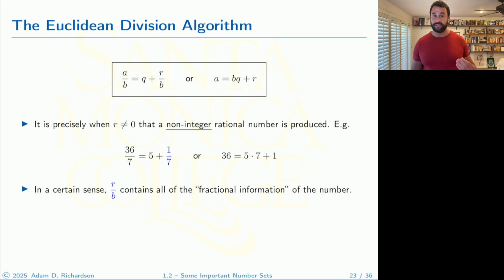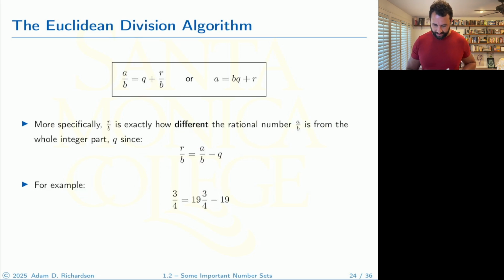So in a sense, we're going to see later on, r over b contains all of the fractional information of that number. If r over b is 0, then your number is just an integer. But if r is not 0, then you have a fractional bit, a little bit left over there.